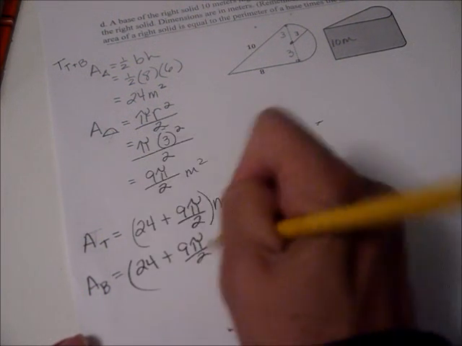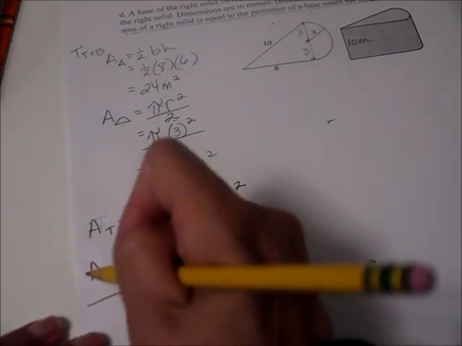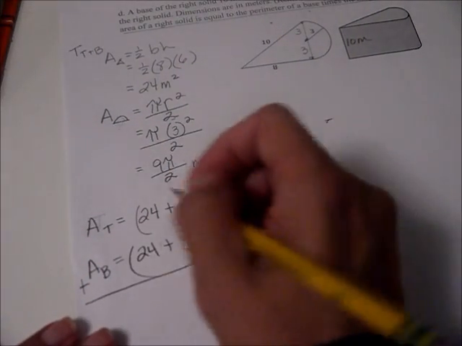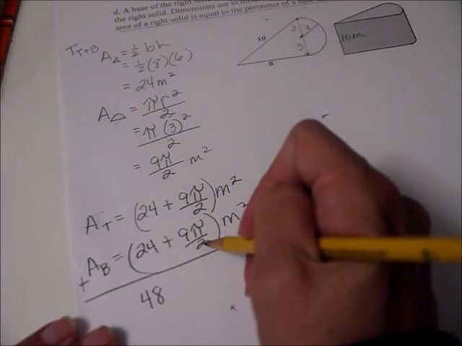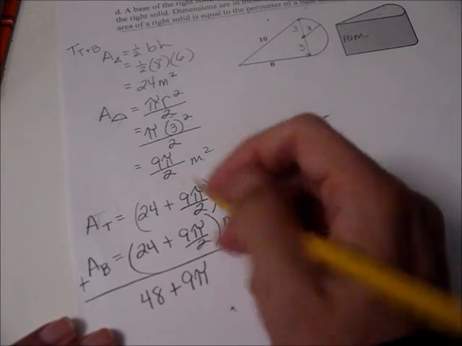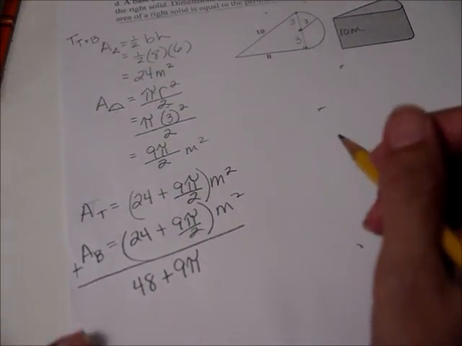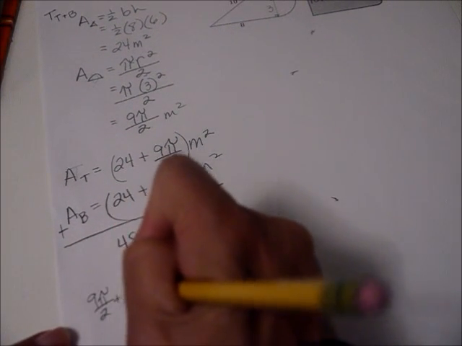So if we add those together, the top and bottom, then we get 48. 9 pi over 2 plus 9 pi over 2 is 18 pi over 2, which is 9 pi. You see how I got that? I did that in another example.